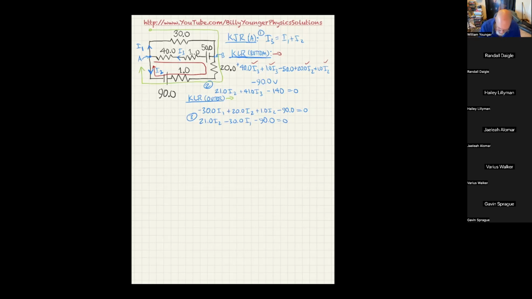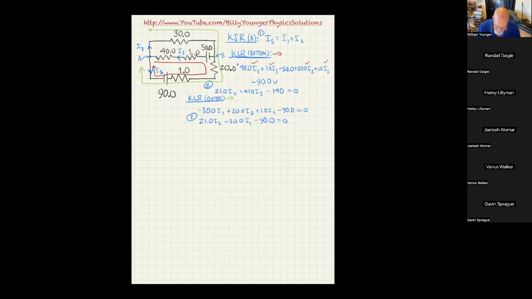So the first thing I'm going to do is I look at, and this is what I do almost all the time, the way I drew these circuits, I know, for instance, that equation 2 has current 2 in it and current 3 in it, and equation 3 has current 2 and current 1.